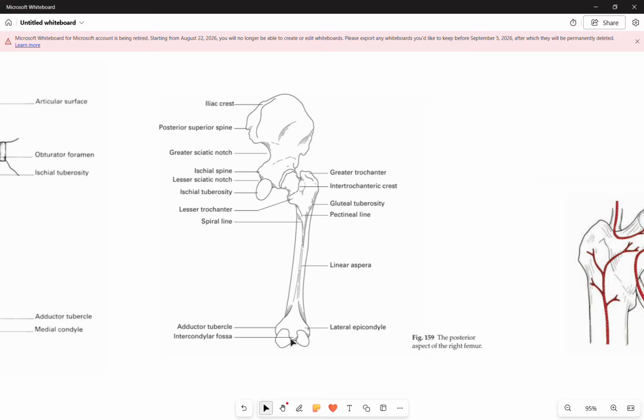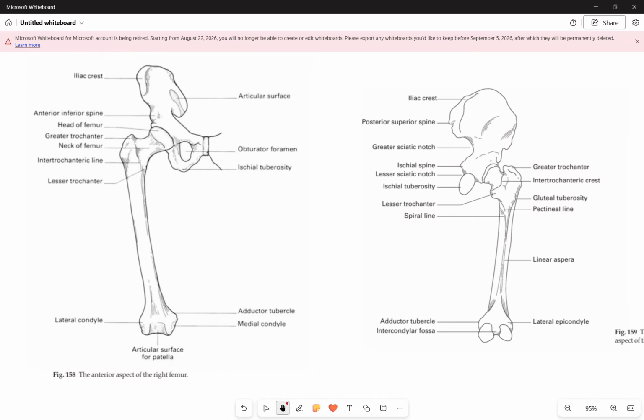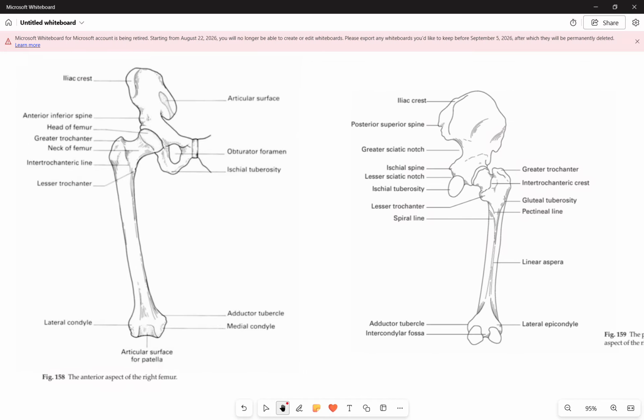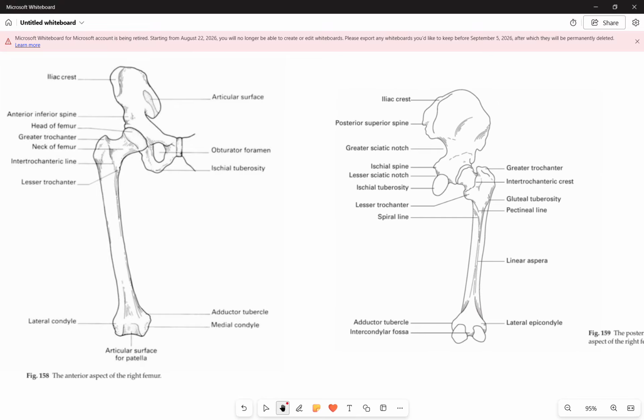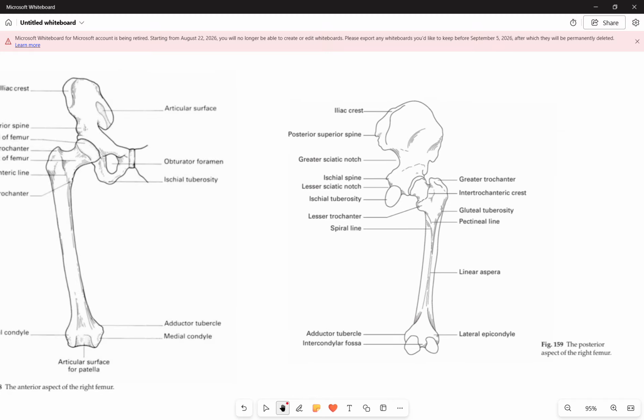And in between the two there is a deep intercondylar fossa, where you get attachment of the cruciate ligament. So that's the gross description of the head, neck, shaft and lower end anteriorly and posteriorly.